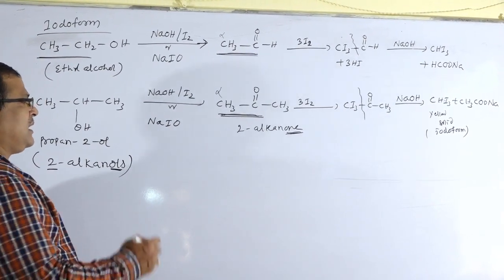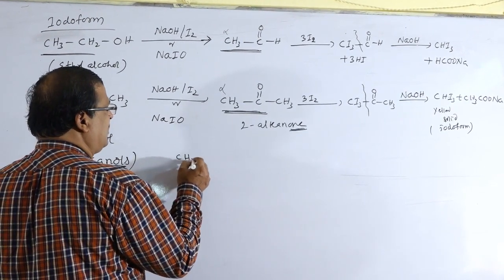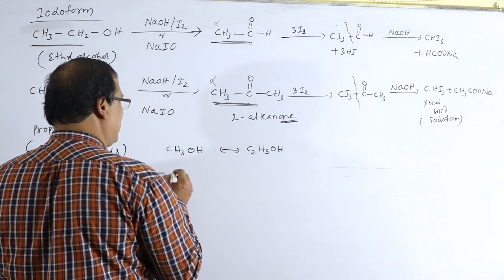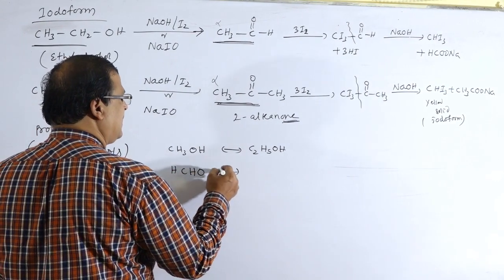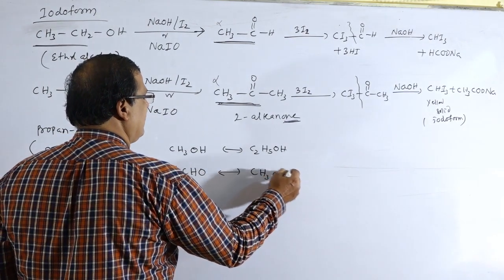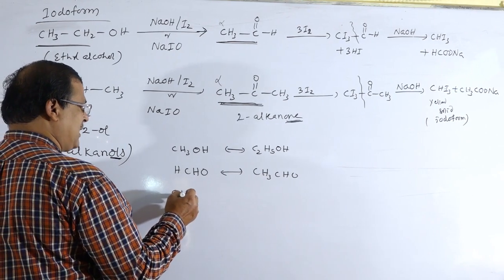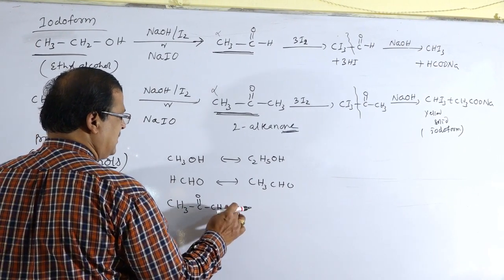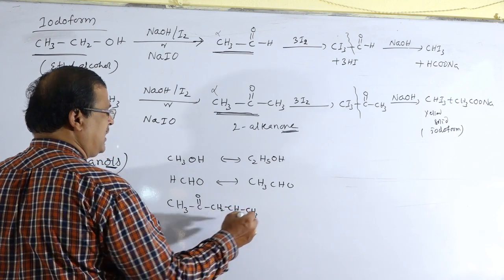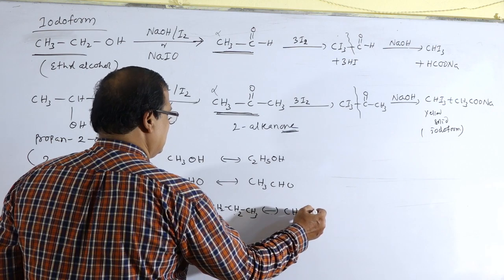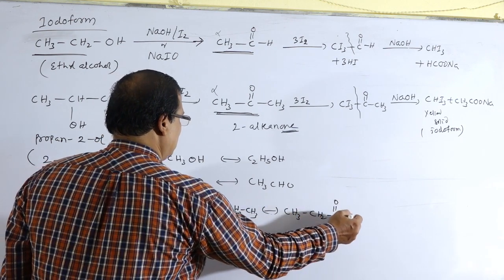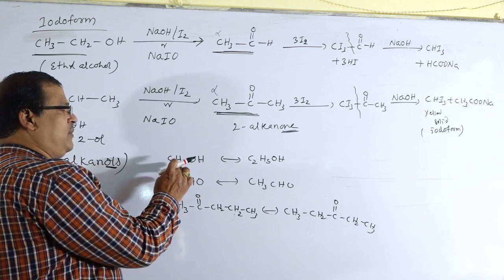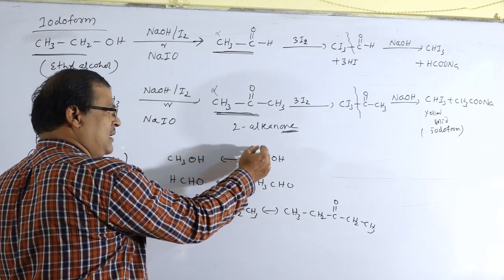Therefore, this reaction clearly distinguishes between methyl alcohol and ethyl alcohol, C2H5OH, formaldehyde and acetaldehyde, and acetone, a 2-alkanone, CH3COCH2CH3, such as pentan-2-one, from CH3CH2COCH2CH3. Ethyl alcohol shows this iodoform reaction.